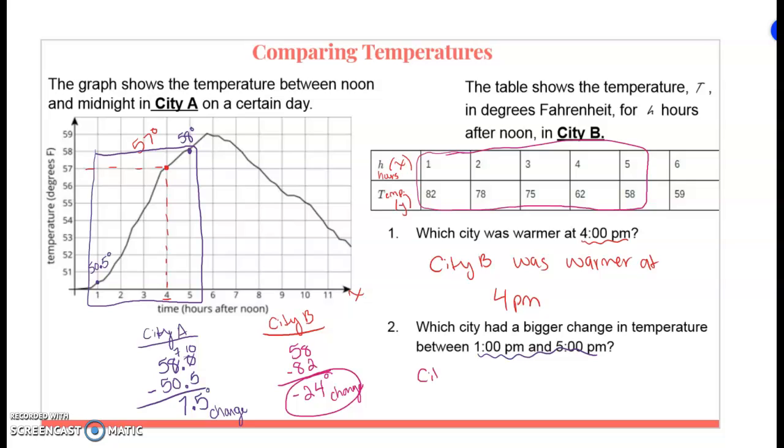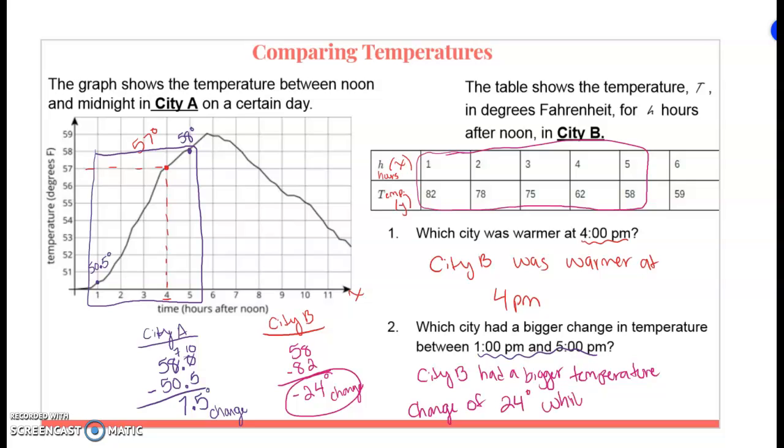So what we're going to say is City B had a bigger temperature change of 24 degrees.